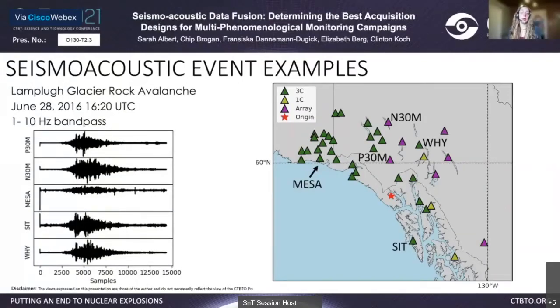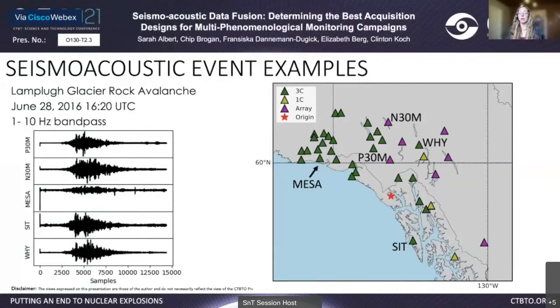So here is a glacier rock avalanche that was recorded in Southeast Alaska. There are quite a few 3-component seismic sensors and infrasound arrays in the area. So this is providing good azimuthal coverage from basically the northwest to the southeast of the source. It's also interesting to note that the waveforms recorded on the seismic and infrasound sensors are fairly similar for this specific event.